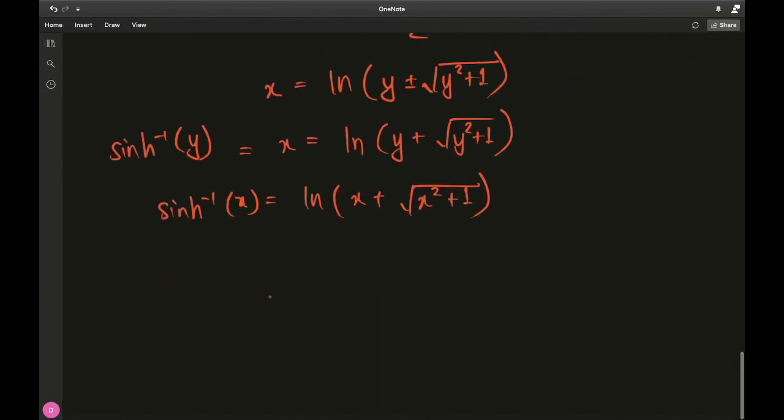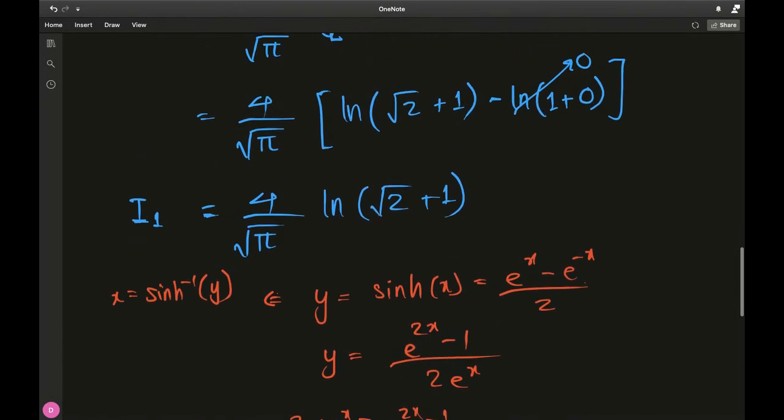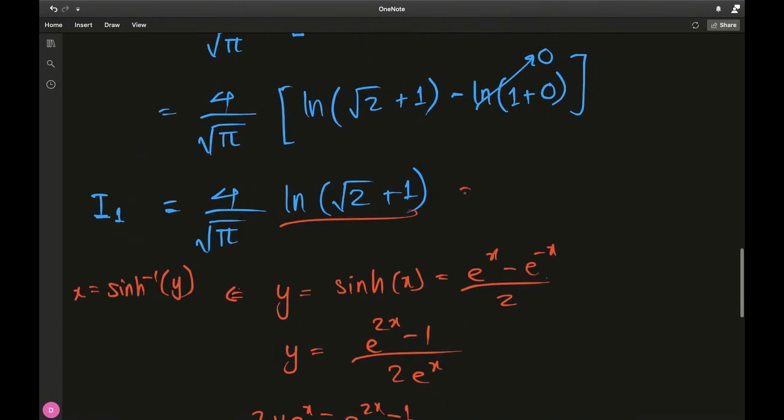Okay, and if you plug in sinh inverse of 1, you have natural log of 1 plus square root of 2. And that's exactly what we have over here. So this I1 can be written as 4 over square root of pi times hyperbolic sine inverse of 1.